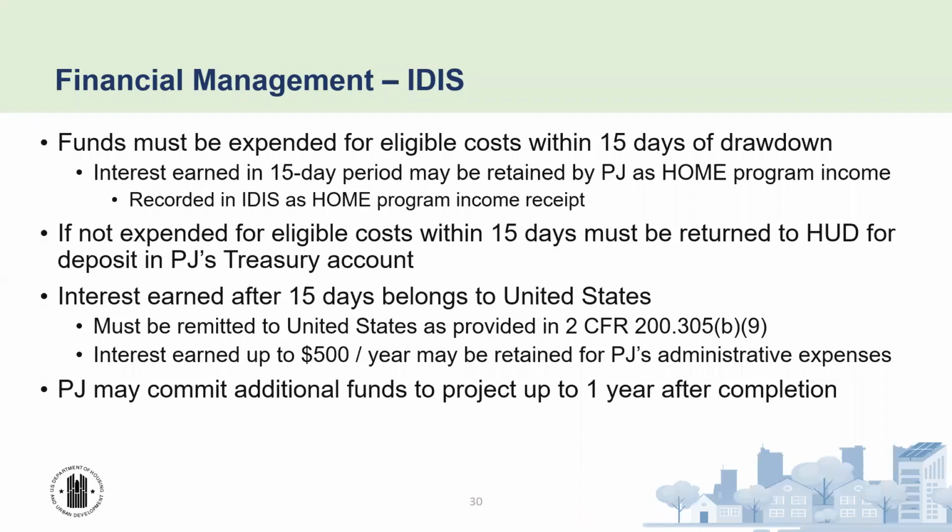Any HOME-ARP funds that were drawn down by the PJ and not expended for eligible costs within 15 days must be returned to HUD for deposit in the PJ's Treasury account.